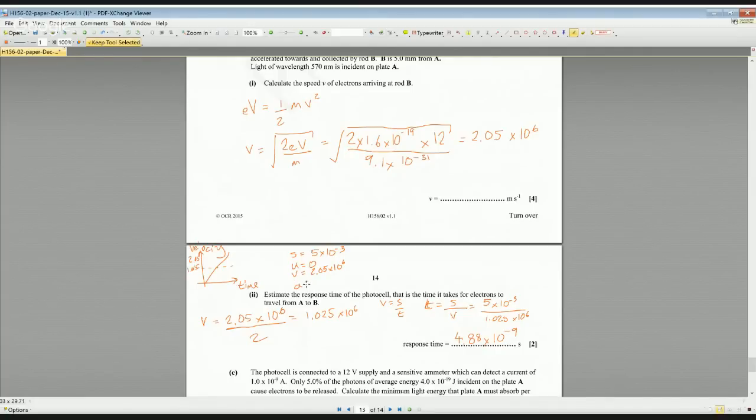A we don't know, and T is what we're trying to find out. So we have S, U, V, and T. We want an equation that doesn't have A in it.